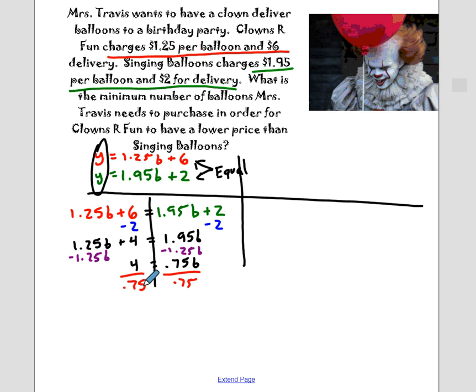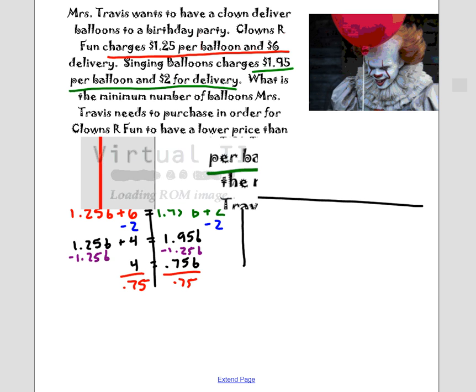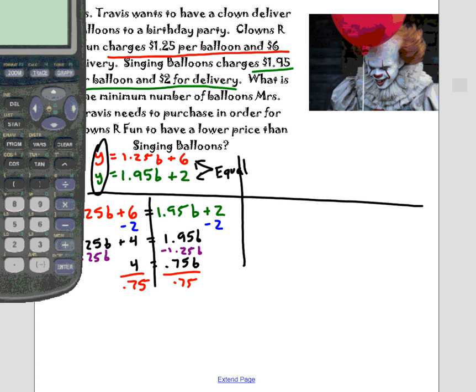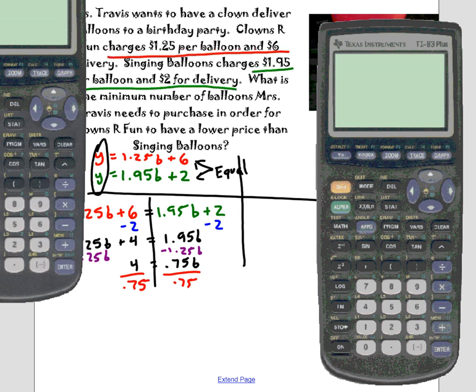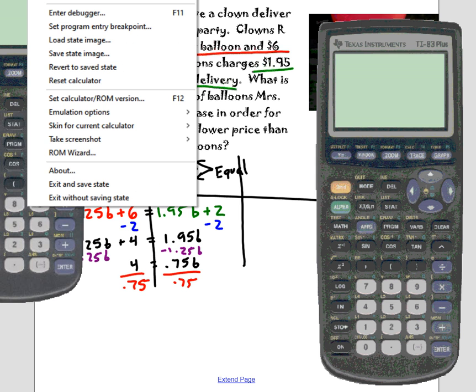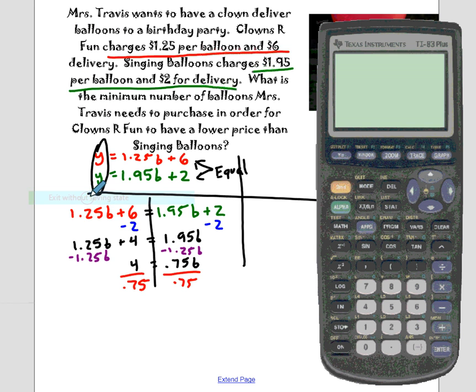And when I do that, I can actually use my calculator to help me out there. So I say 4 divided by 0.75 is 5.33, so we would actually say 5.